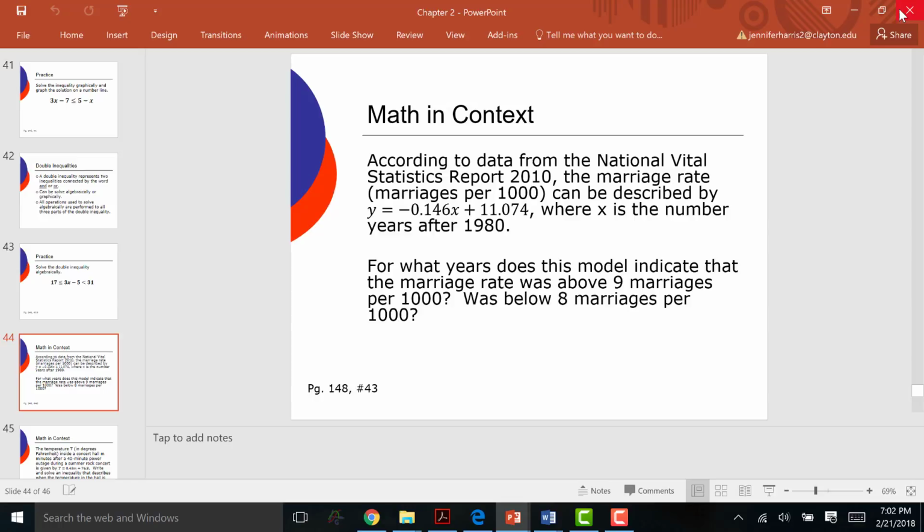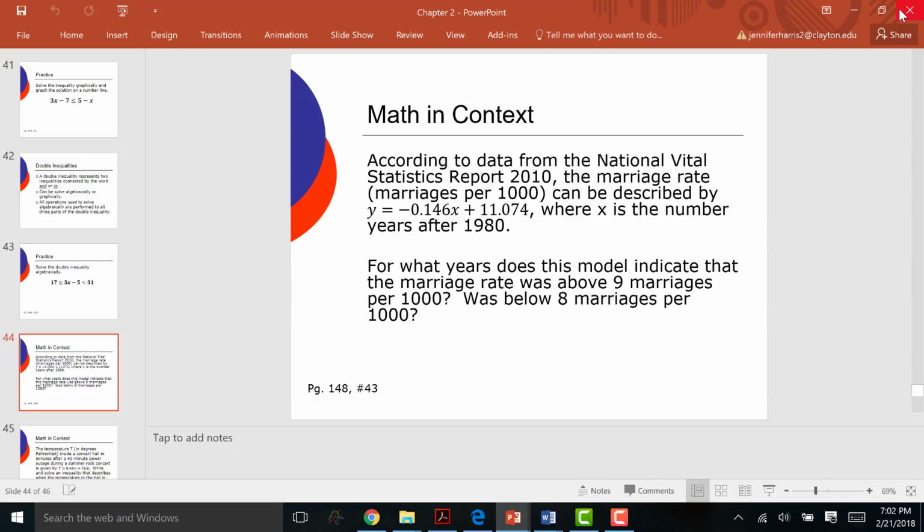Anytime you divide or multiply by a negative, you've got to switch it. If you divide by negative over here, you have to divide by negative over there, so you do it on both sides. So I switch my symbol, and now this is going to be a less than symbol.